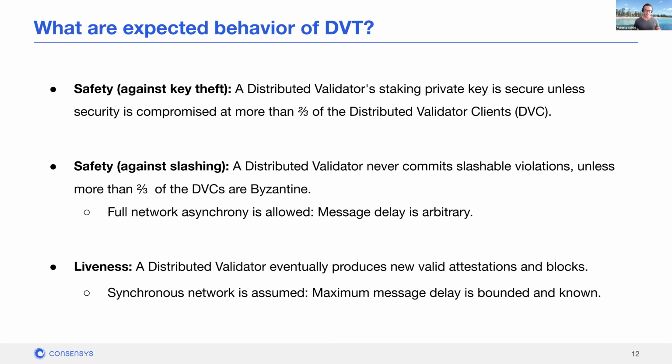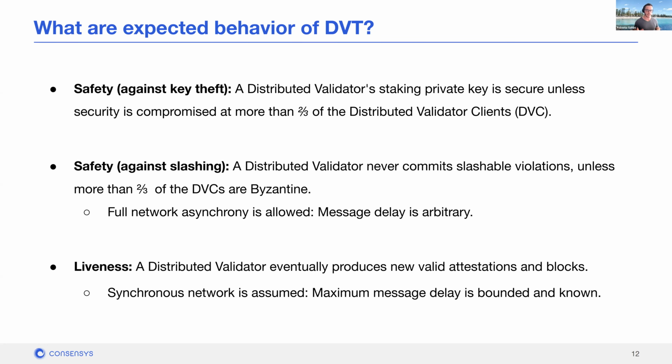Another property is that a distributed validator never commits a slashable violation unless more than 2/3 of the distributed validator clients are Byzantine. Okay, there's an error in the slide. It should be more than 1/3 of the DVCs are Byzantine.